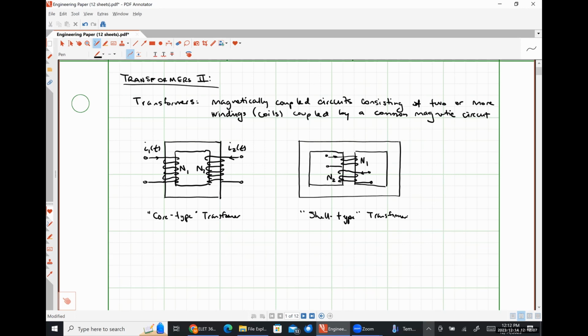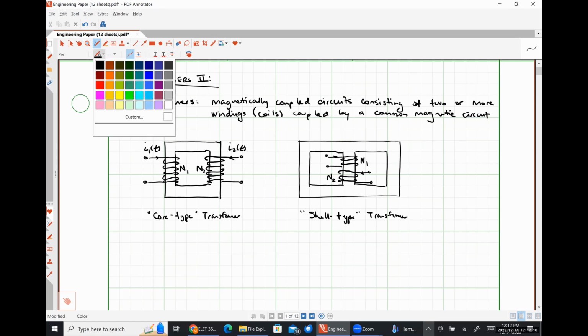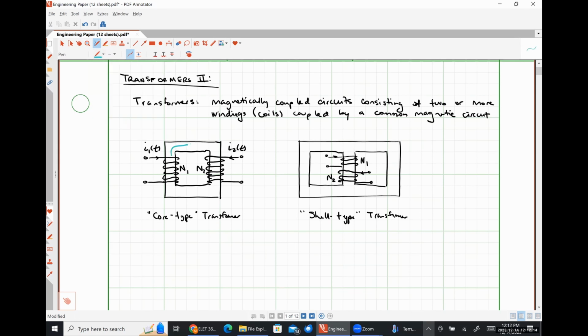All right, so I have drawn the coils in such a way that our flux generated by I1 is in this direction, and our flux generated by I2 is in this direction. Both of our fluxes are in the same direction as well.